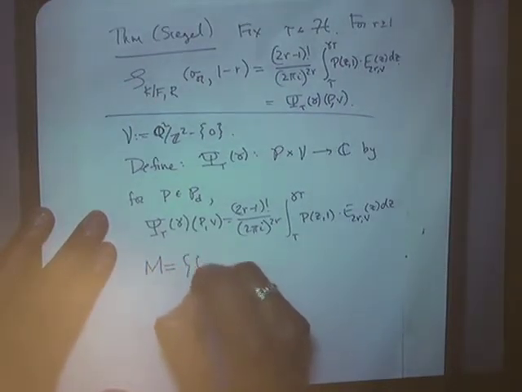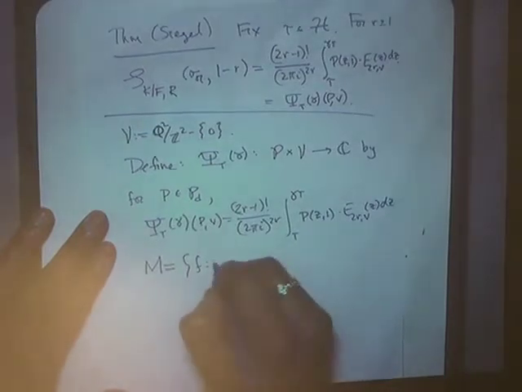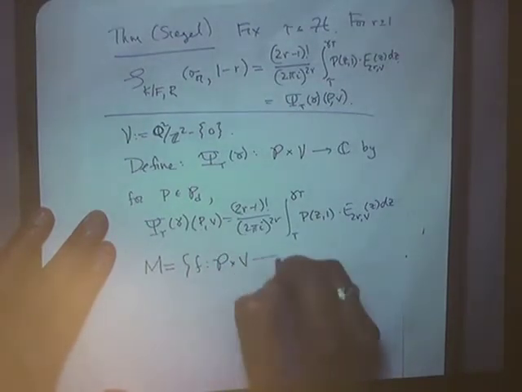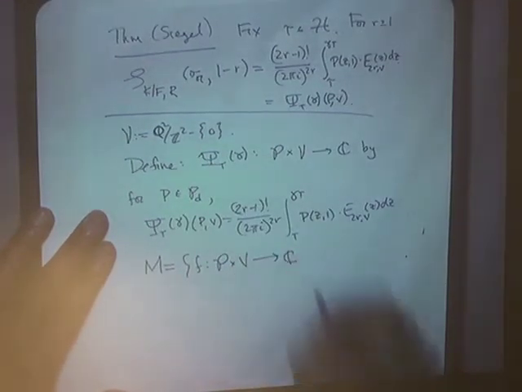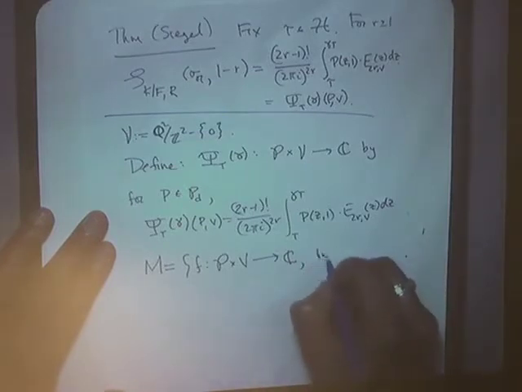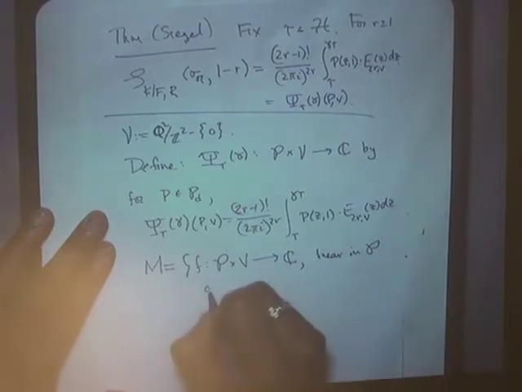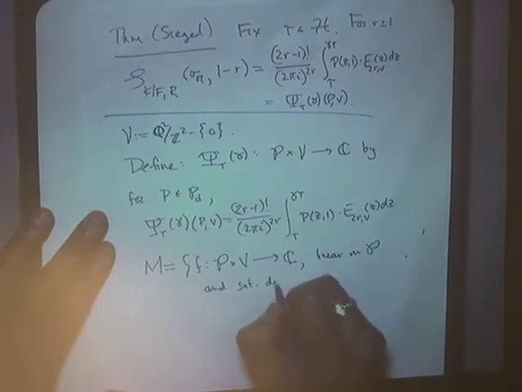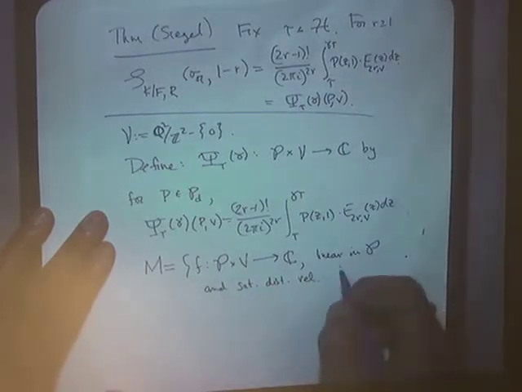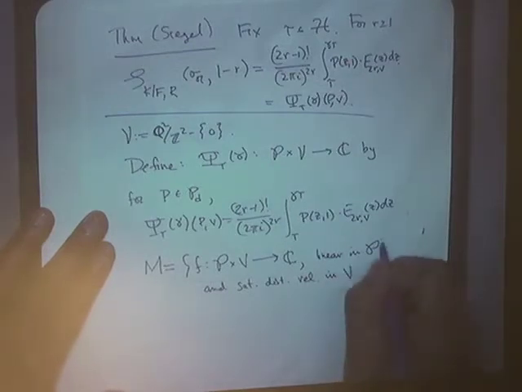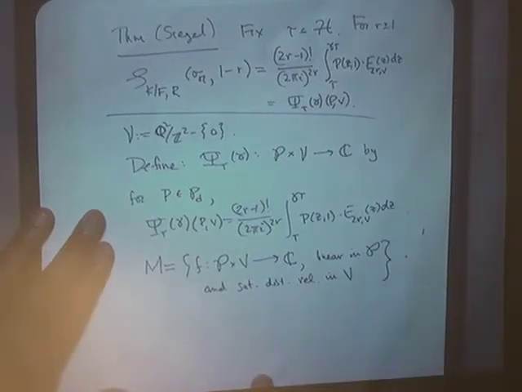First we'll think of it as just an abelian group of functions from P cross V to C. Maybe we'll put some conditions so that they are linear in the p variable, and they satisfy a certain distribution relation. Since it's not going to play that big a role in this talk, I don't want to get into it, but there's a certain distribution relation in the v variable.